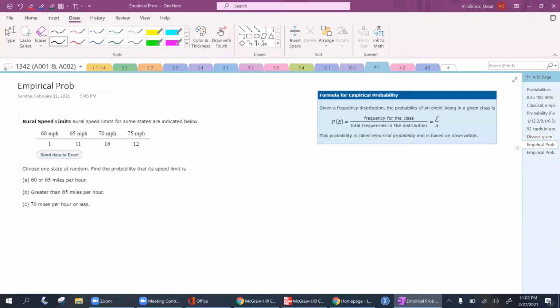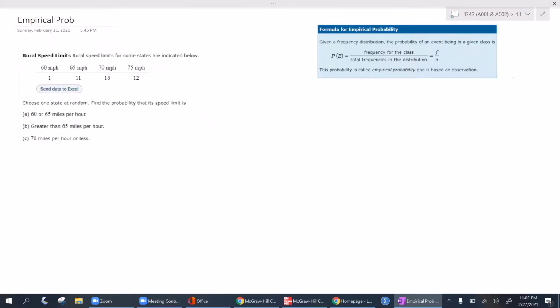All right, let's go ahead and move on, continue with empirical probability. This is the formula there, which is the frequency for a class. Your focus is the frequency for your class over the total number of frequencies. So for this example, you got rural speed limits.